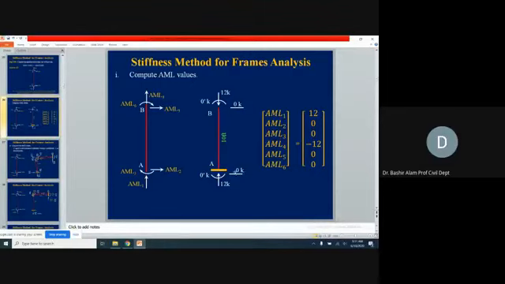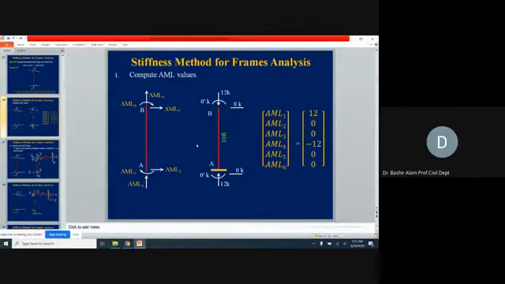AML2, we don't have any horizontal, so it is 0. AML3, we don't have any, so it is 0. AML4 is in the downward direction, opposite to the positive direction, so this 12 we need to put with a negative sign, because it does not match our assumed positive direction. AML4 is minus 12. AML5, this horizontal, is 0. AML6 is 0. So quickly and easily we can find our AML matrix for this member AB.